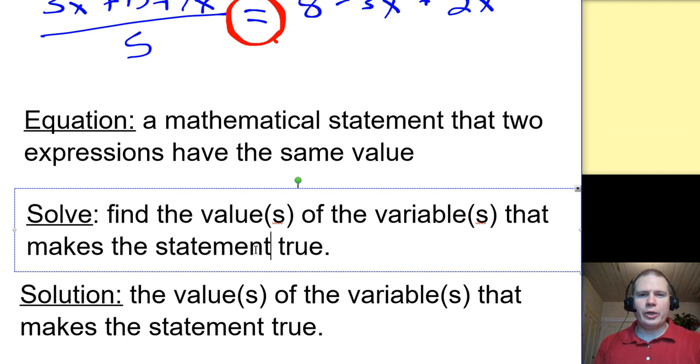I'm going to say equation, because that's what we're talking about, or statement. I'll go with the even more general version of statement, because eventually we're going to look at inequalities, which are not equations, but we're still going to solve them and find their solution in the same way. So let's look at some examples of equations here.